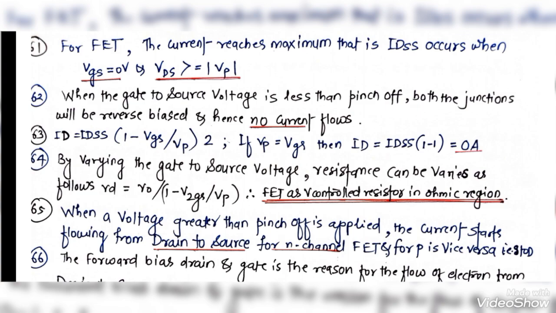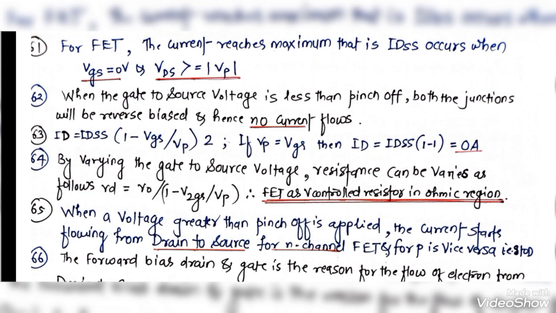When the gate to source voltage is less than pinch off, both the junctions will be reverse biased and hence no current flows. ID is equal to IDSS (1 minus VGS upon Vp) squared. If Vp is equal to VGS, then ID is equal to 0 ampere.